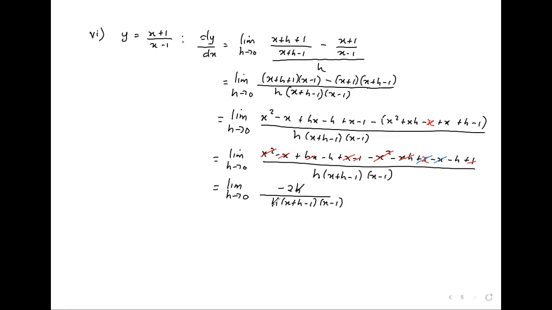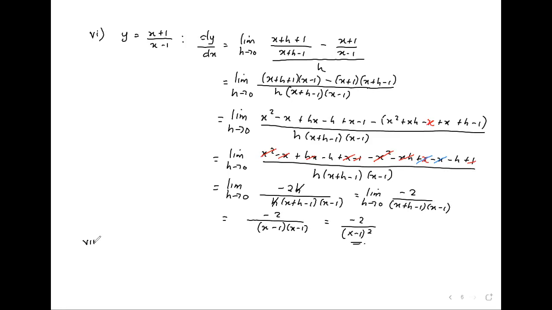So if we cancel here, we have the limit as h goes to 0, negative 2 over x plus h minus 1, x minus 1. So that when you substitute where there is h, you take 0, we'll get x minus 1 multiplied by x minus 1, which is negative 2 over x minus 1 squared.